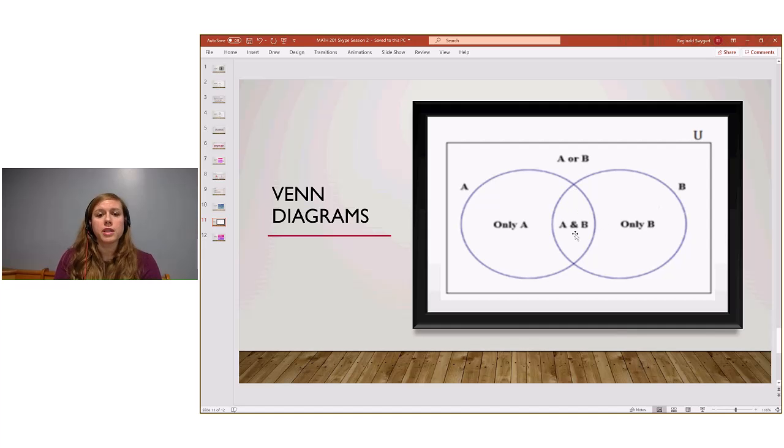What's in the center, where the circles overlap, those are going to be things that fall within both categories. So let's say on the left in A, this represents women. And on the B, this represents lawyers. Okay, so B may represent how many lawyers, and I'm just going to be real specific, are in the city of Amherst. Okay, and A is going to represent how many women are in the city of Amherst.